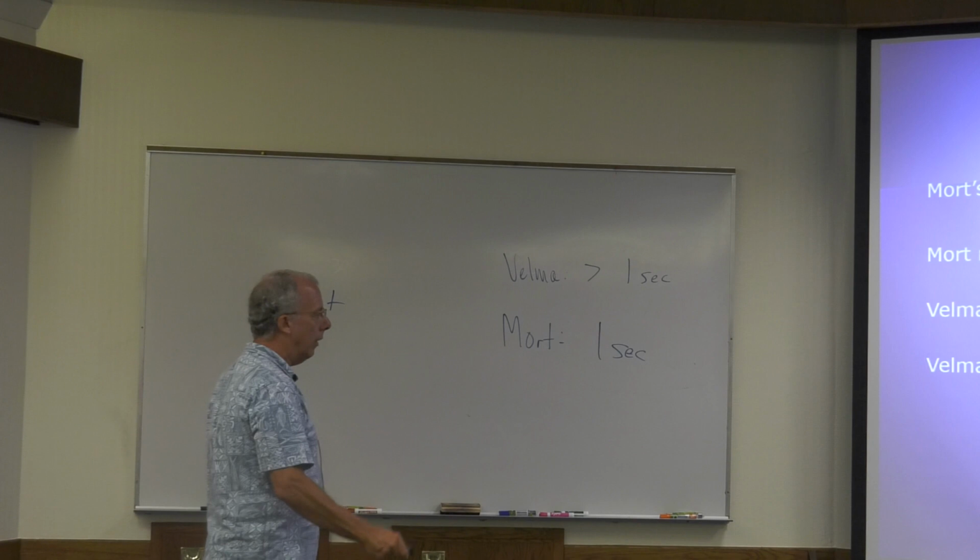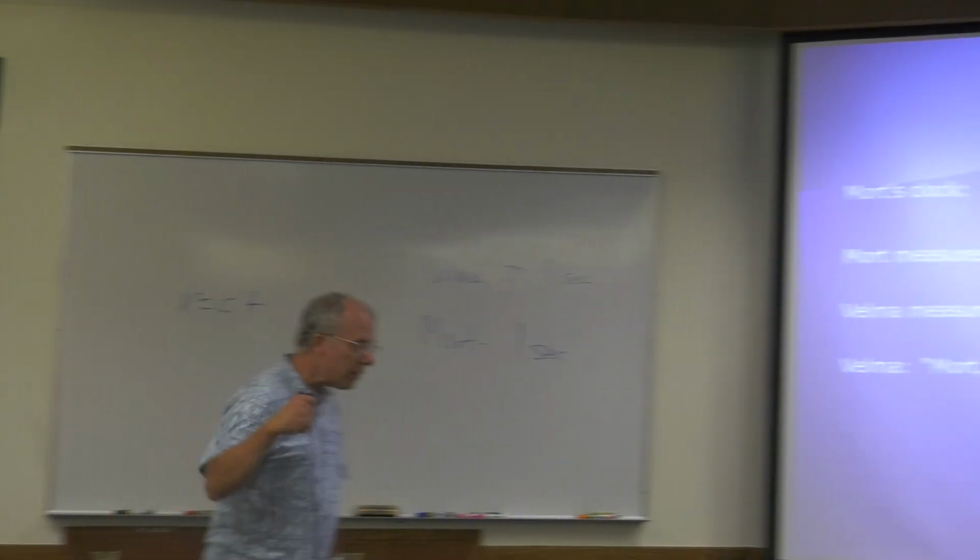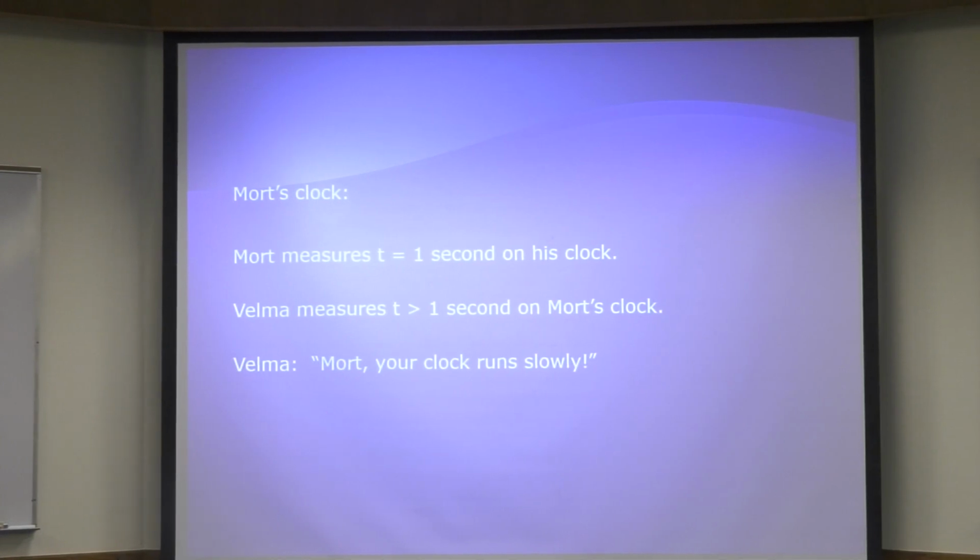So now we're concentrating on Mort's clock. Mort says 1 second. Velma says you're nuts. It's more than 300,000 kilometers, so it has to take more than 1 second. So now Velma says, Mort, your clock stinks. It's running slowly.